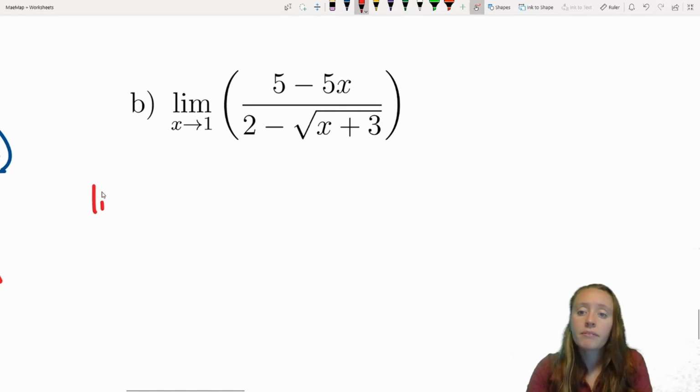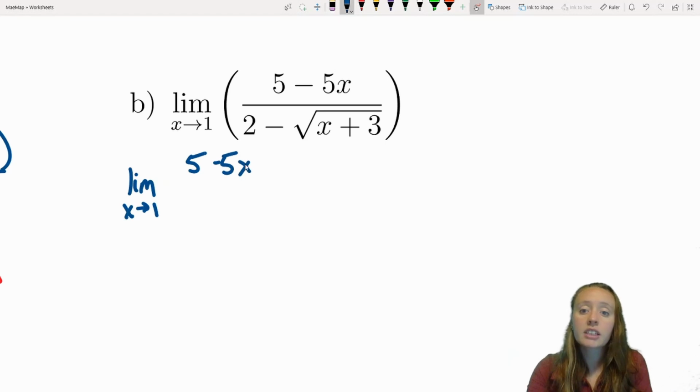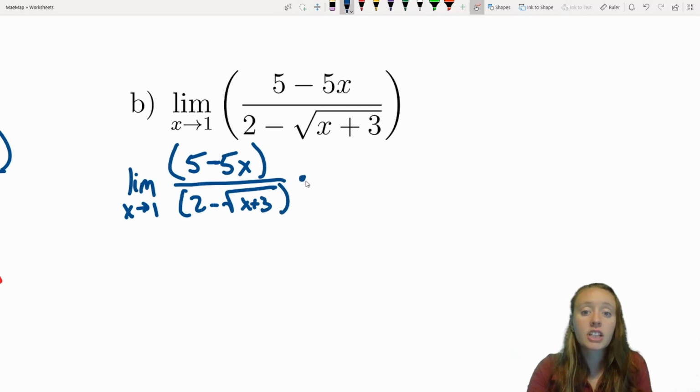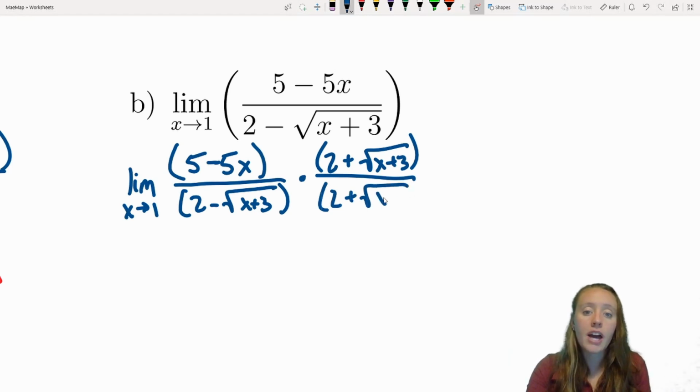So we'll take the limit as x approaches 1 of (5 minus 5x) all over (2 minus the square root of x plus 3). Multiplying by that conjugate over itself, I'll have 2 plus the square root of x plus 3 all over 2 plus the square root of x plus 3.